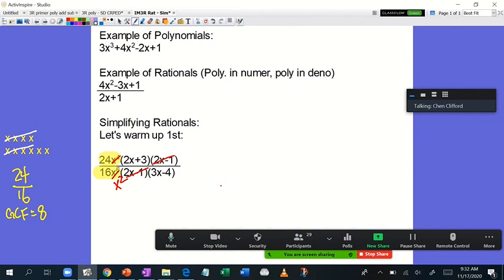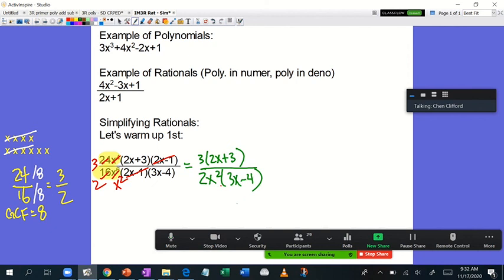So I'm going to divide this by 8, divide it by 8, and I get 3 over 2. So this becomes 3 over 2, which means your final answer is going to be 2x plus 3 over 2x squared times 3x minus 4.